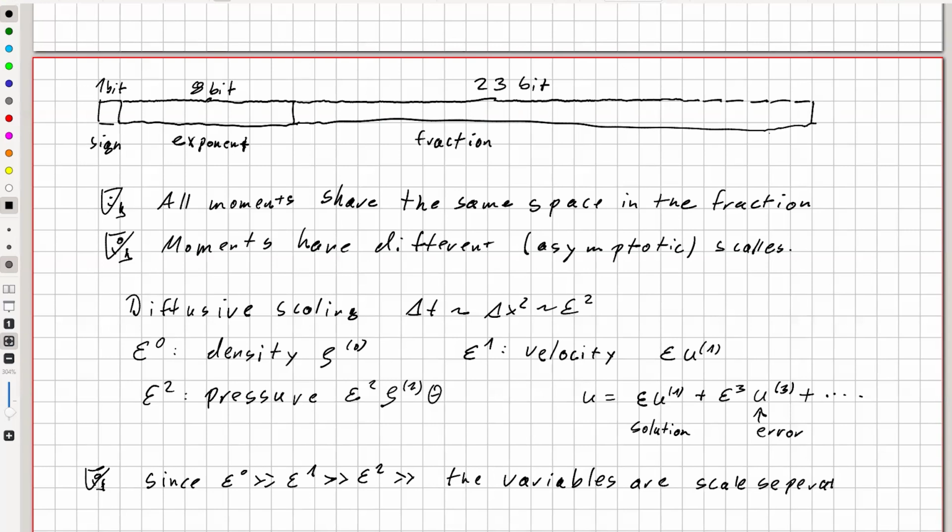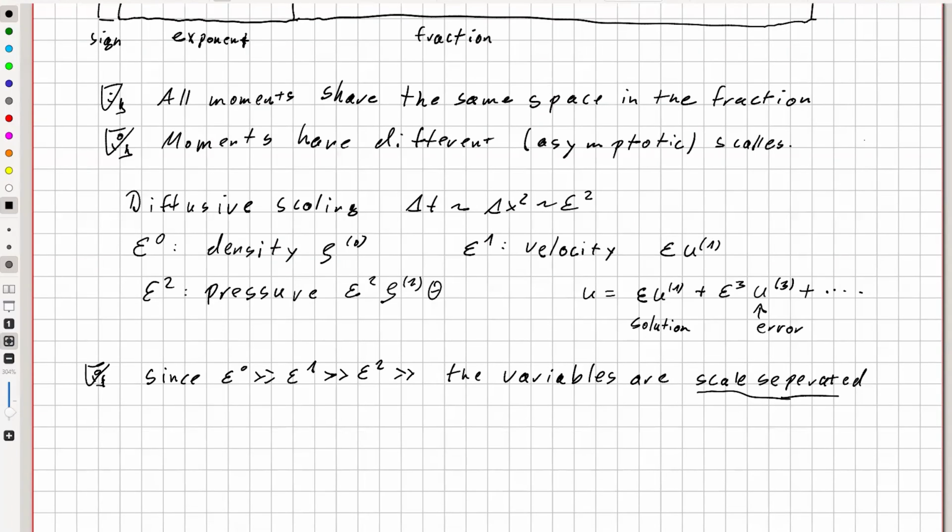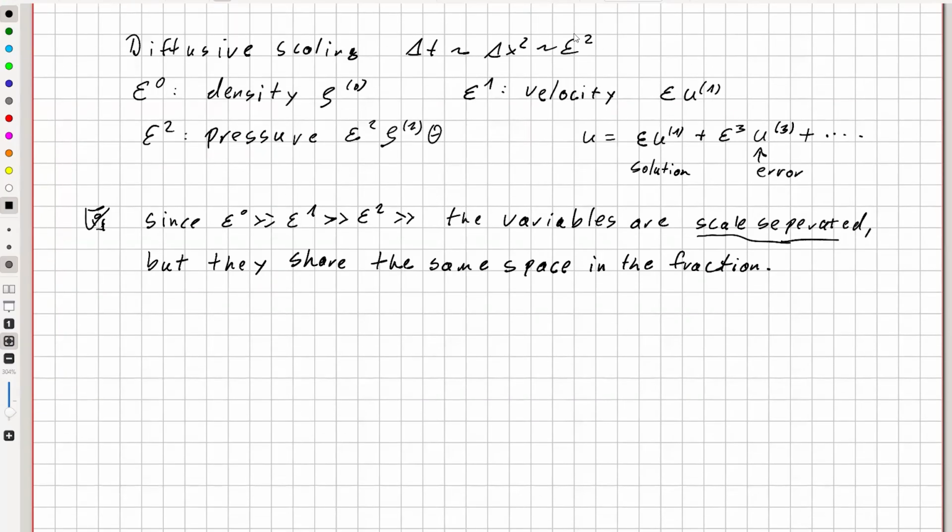Again, this is also so in the Navier-Stokes equation, but here we store these things together because they share the same space in the fraction. And this causes problems.